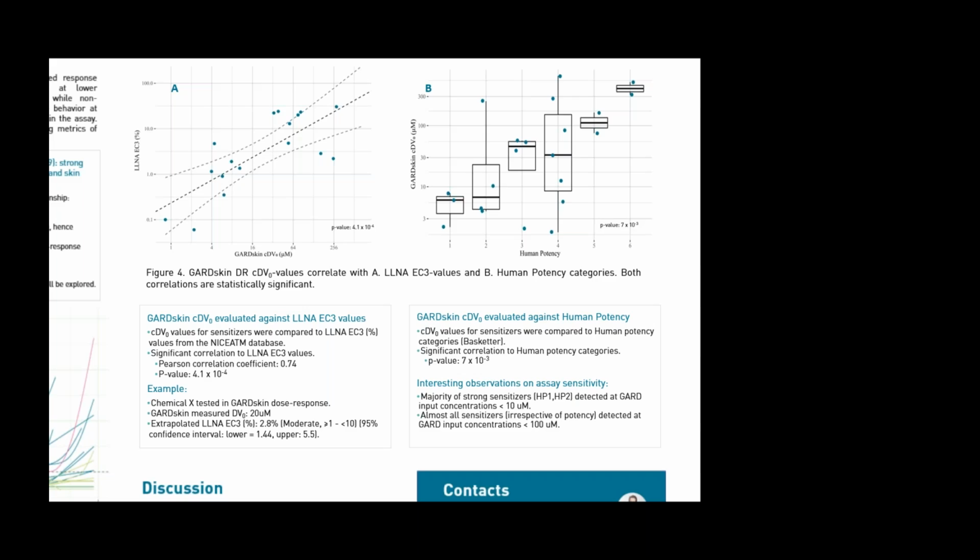This would enable a direct extrapolation between the different measurements as illustrated in these examples. Once you have generated a CDV0 concentration in the GARD skin assay, this value can then be used in order to predict a corresponding local lymph node assay EC3 value or a human potency category.